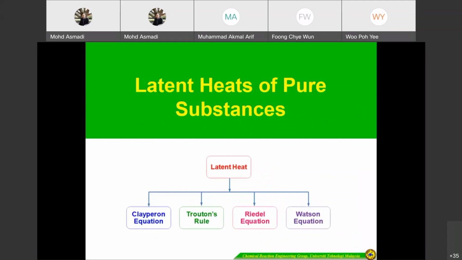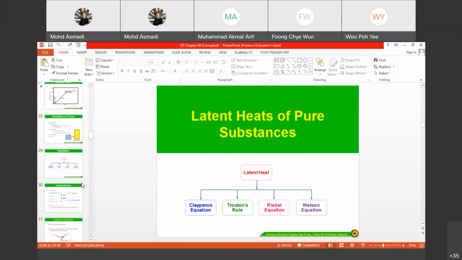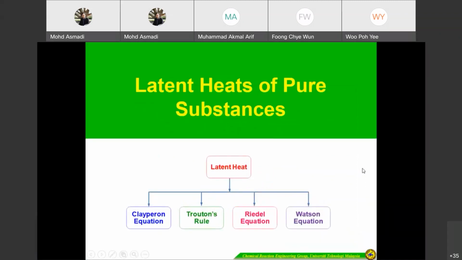For the latent heat of a pure substance, this is for the two-phase system.